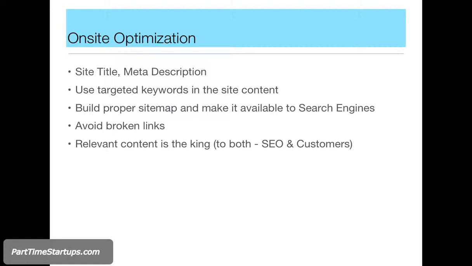There are some tags used inside the home HTML files, so you have to describe your business there, and use the right targeted keywords in describing your website in the content. You also have to build a proper sitemap and make it available to search engines. We saw in the plugins section of WordPress where we generated sitemap.xml and then gave it to Google Webmaster so it can index my website, right?